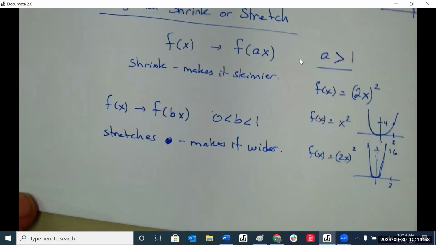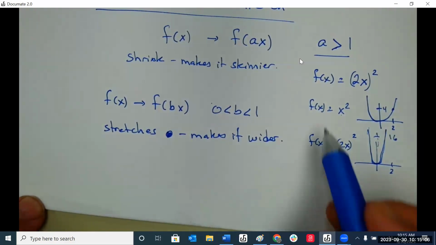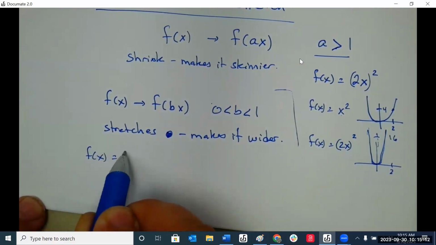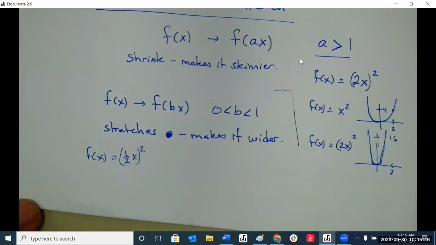It makes it wider. So with this one, what if we had f of x equals 1/2 x squared.